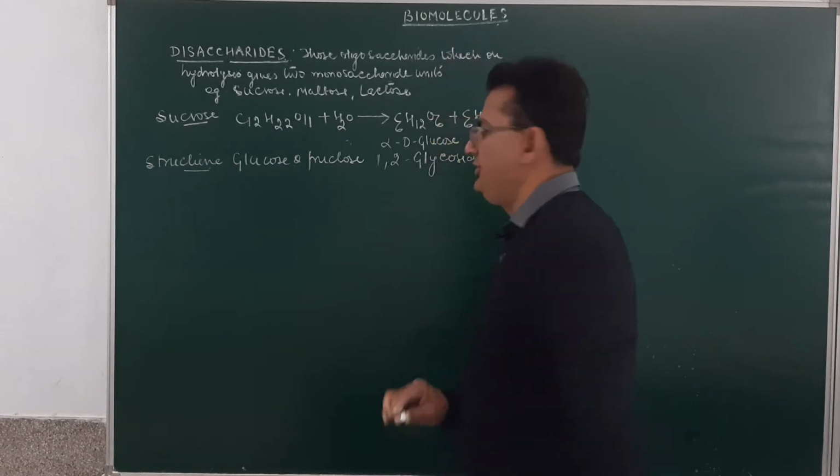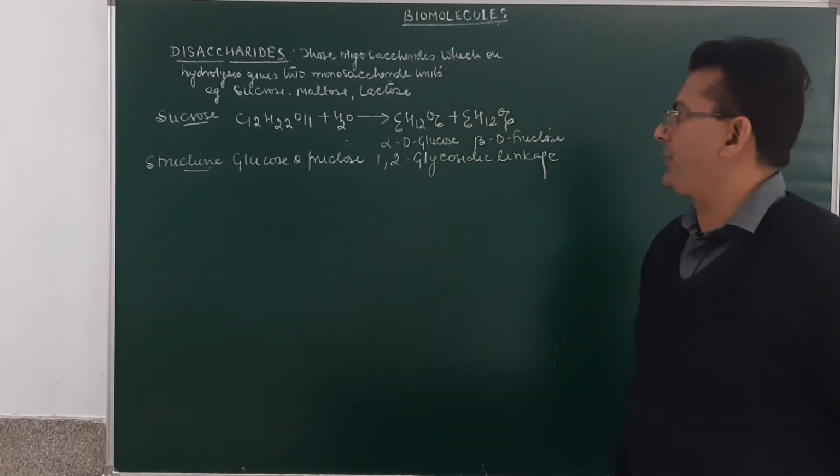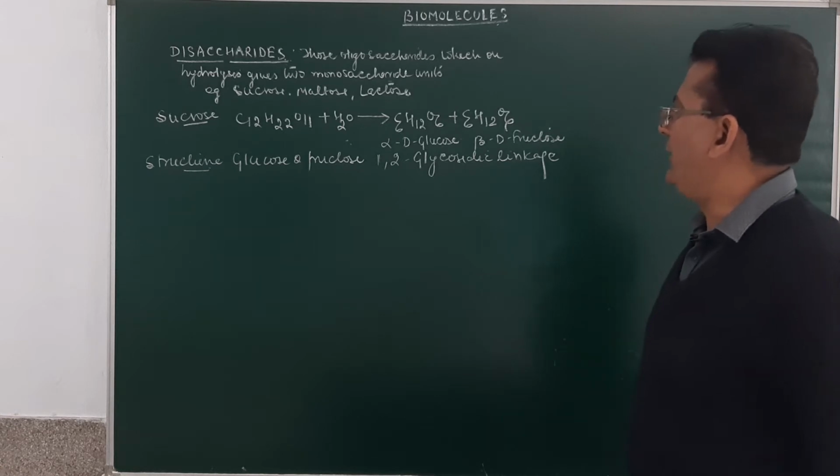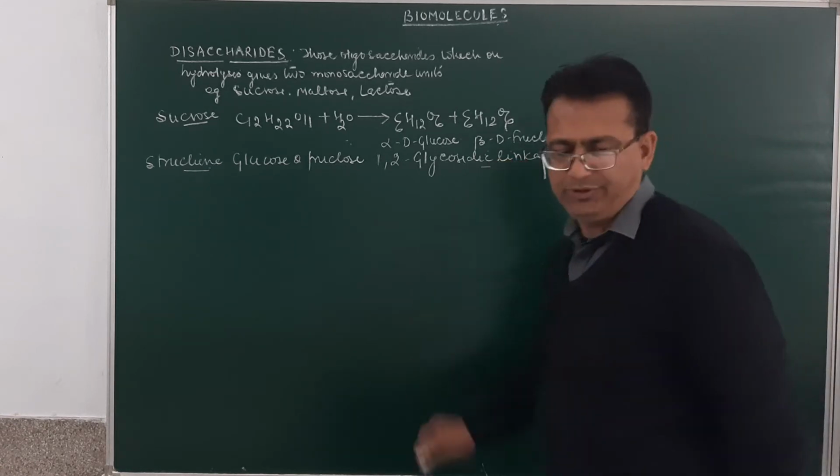What does it mean, student? It can also be called an alpha-beta 1,2 glycosidic linkage.